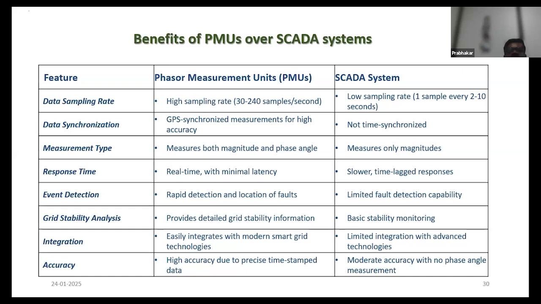Similarly, synchronization of data is not done in SCADA. The PMU measures both magnitude and phase angle, while SCADA measures only magnitude. Basic stability monitoring only is done in SCADA, but the PMU provides detailed grid stability monitoring and easily integrates with the modern smart grid, and you have a limited version there.